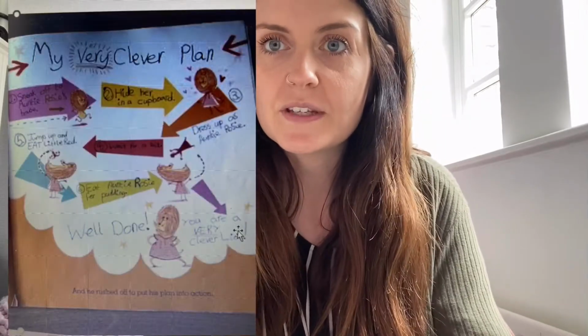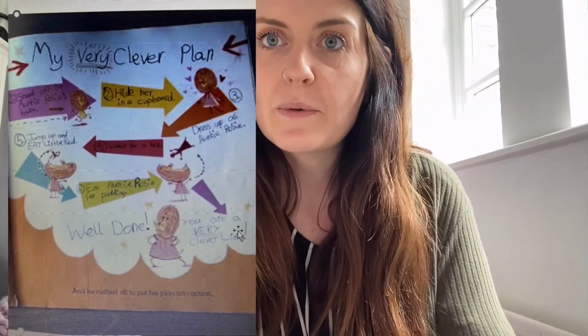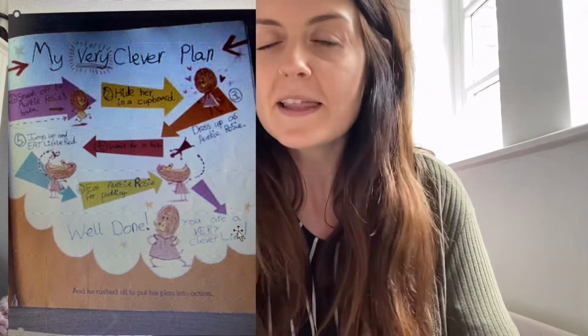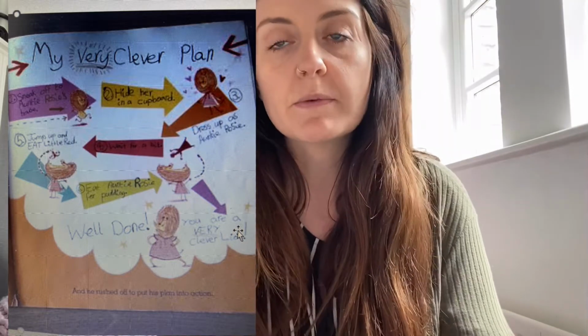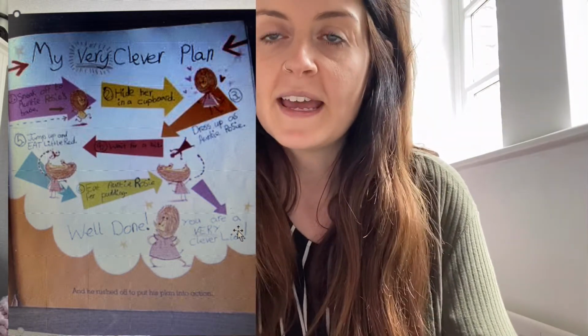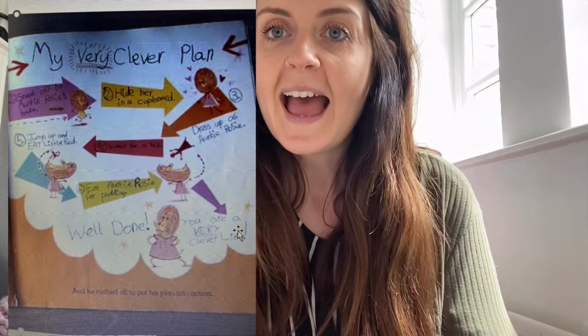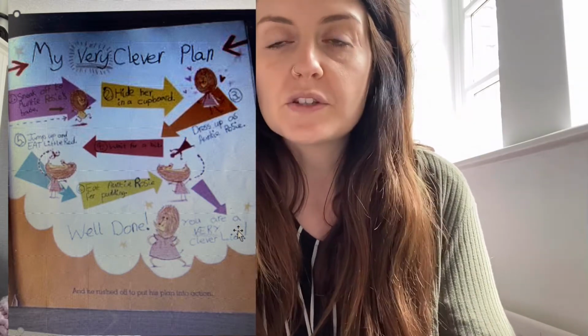So I'm going to put an image of that here across the video so you can have a look at it. He drew out his plans, and it's a bit like a set of instructions because it's got some of the features that instructions have. It's got imperative verbs, which are the words that show us what to do, and it's got numbers to show the order to do things in. But we know how to write instructions better than this.